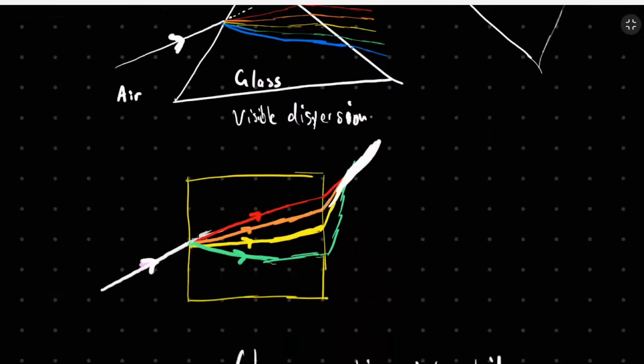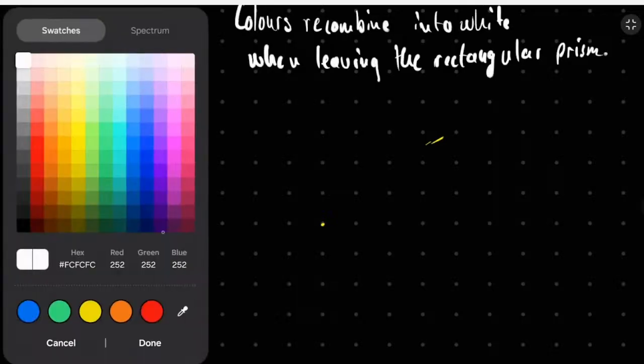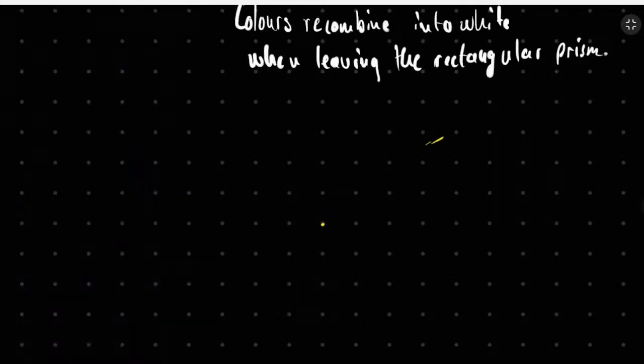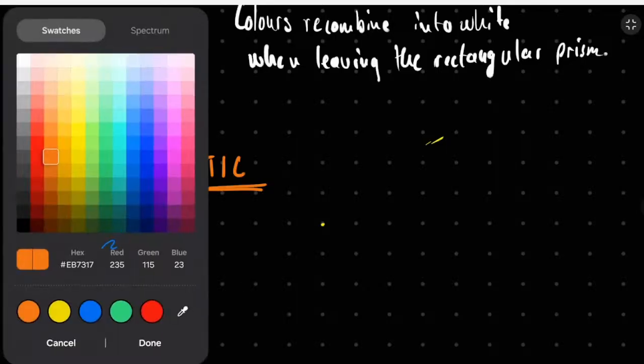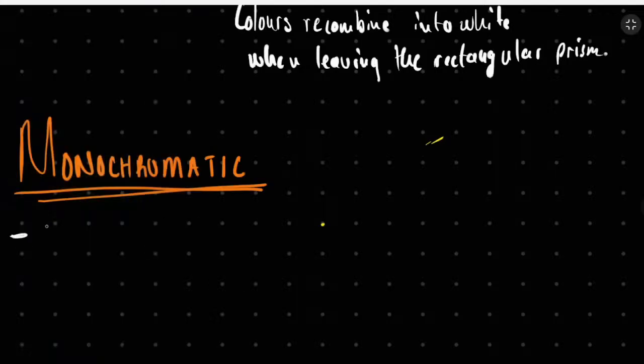Now, there is one last thing I want you to know before I talk about the others. The upside down triangle just spins it the other way. When you talk about monochromatic light, it is just light of one color, whether it's orange or whatever, one color only, because it will need to have one frequency.